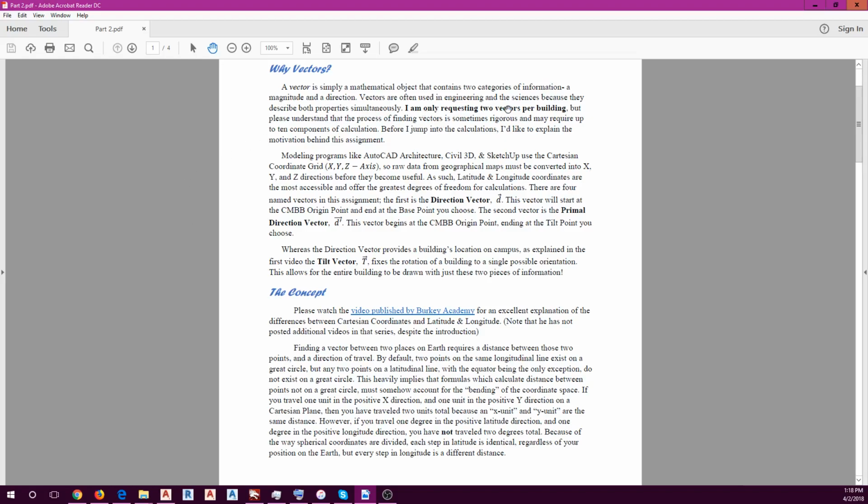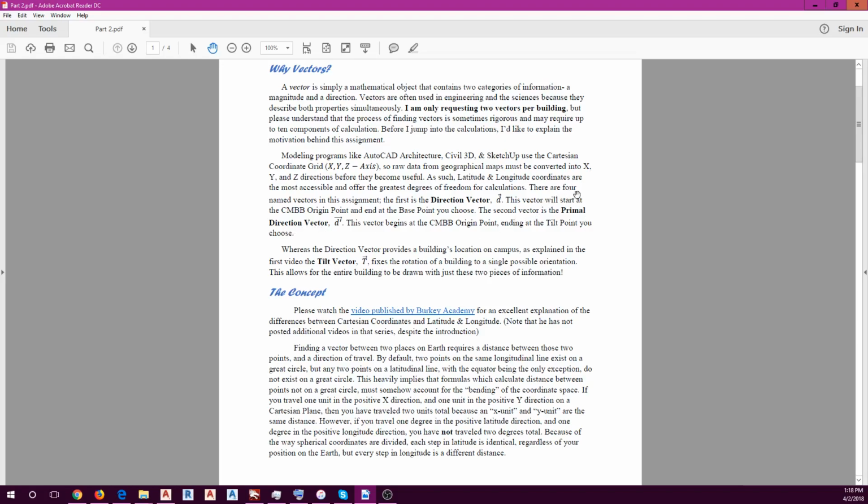Now, for each building, I am requesting two vectors per building, but there's actually four vectors total. The first vector is the direction vector. The third vector is the other vector I'm asking for, and it's the tilt vector. You must find a primal vector in order to figure out the tilt vector.